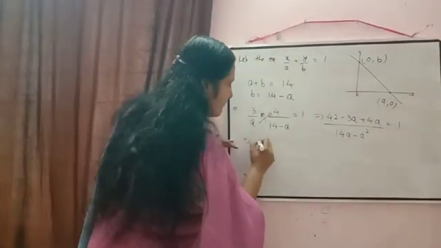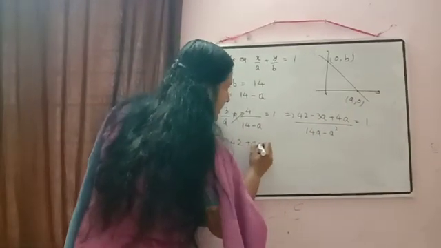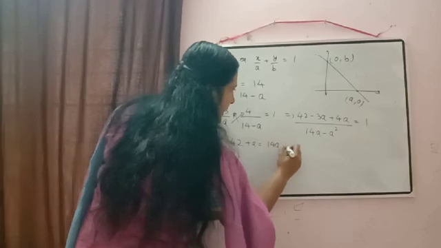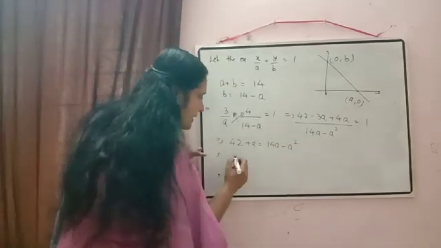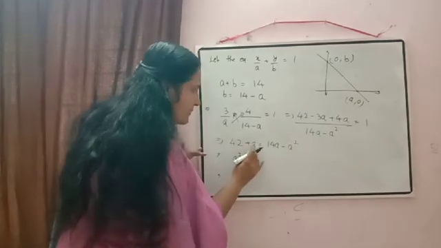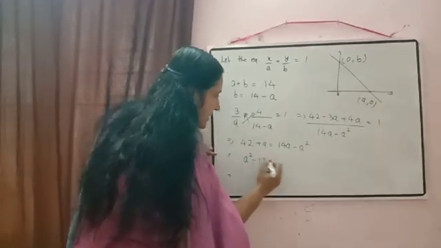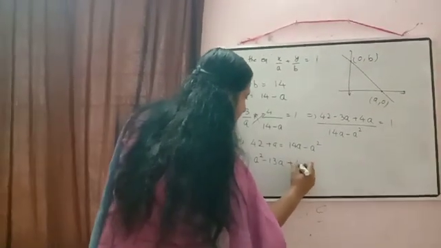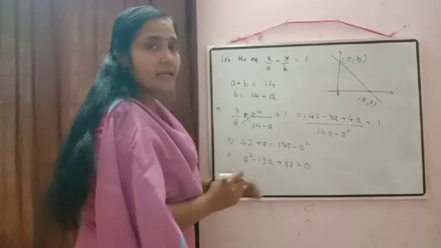Now we'll just simplify it. Then we will get 42 plus a is equal to 14a minus a square. Shift all the expression to one side. Then we will get here a square minus 14a plus a, so that will be a square minus 13a plus 42 is equal to 0. Now here we are getting a quadratic equation.